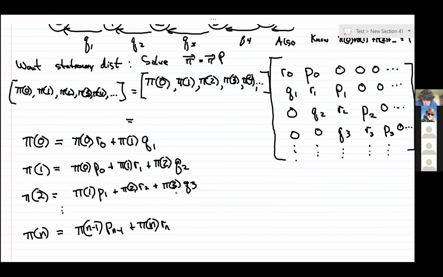And then finally, plus pi n plus 1 times q n plus 1. And this would be the equation that would hold. Actually, this would be good for what? N equaling 1, 2, 3, etc. So we've already written out 1 and 2, and we're saying that this is how it looks in general. Questions so far?